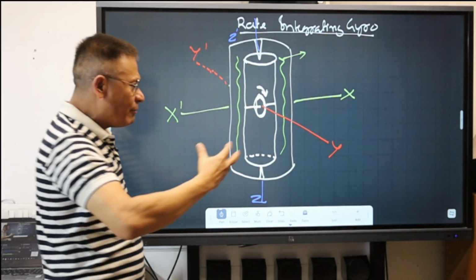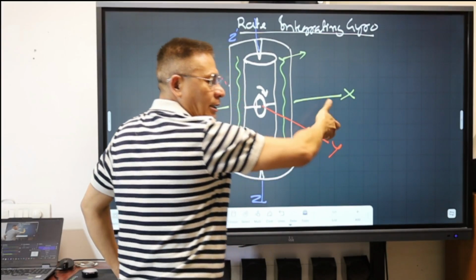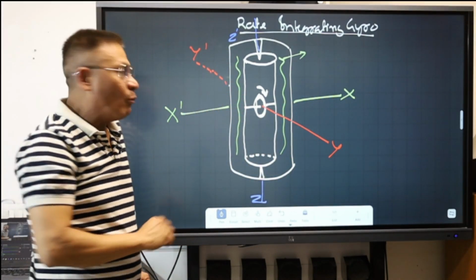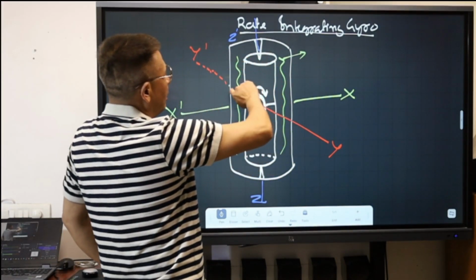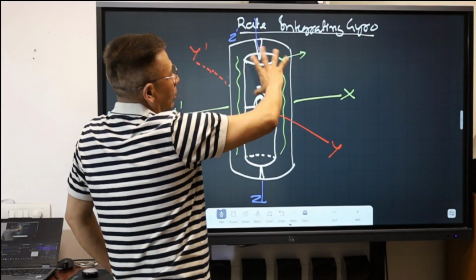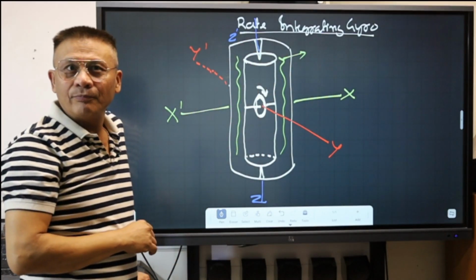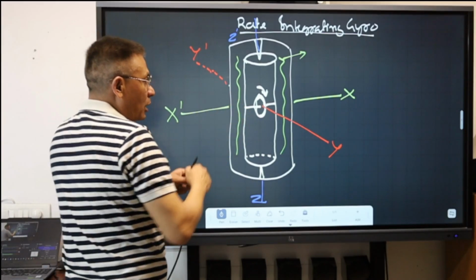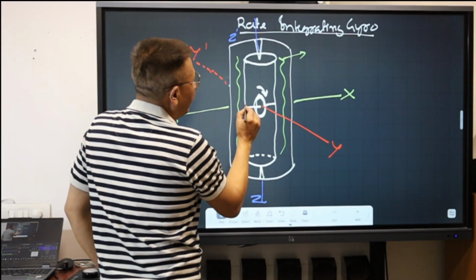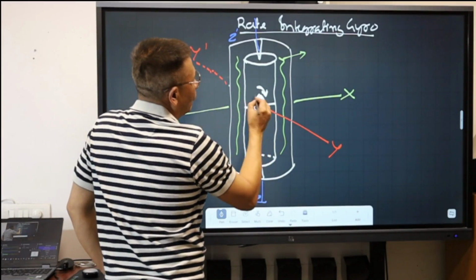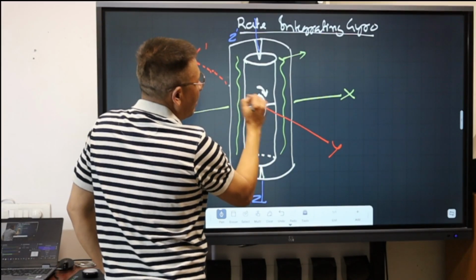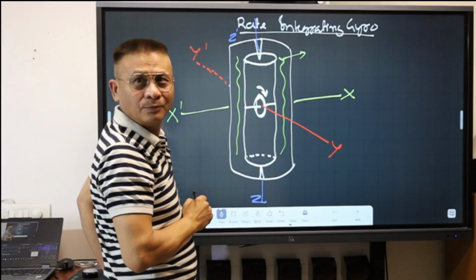But now if I turn in the Y, Y dash axis, similarly the can is going to turn like this. Isn't it? If the can is going to turn like this, now what is happening? There is a force: this axis will come up, this axis will go down. Am I right?